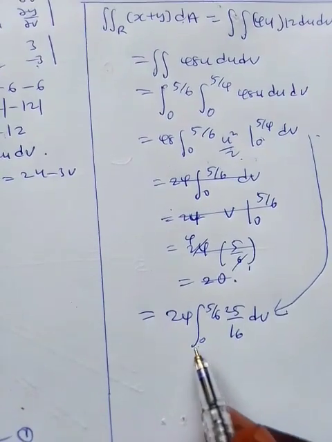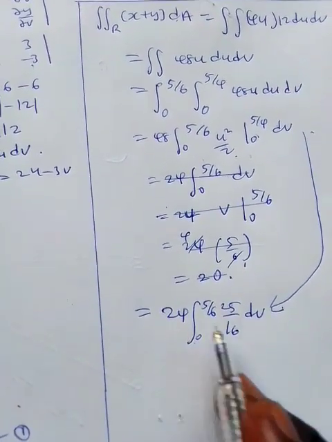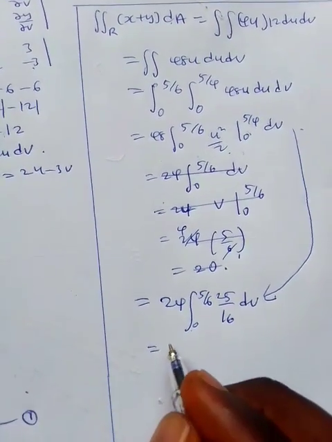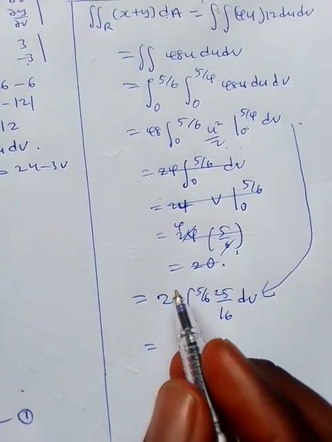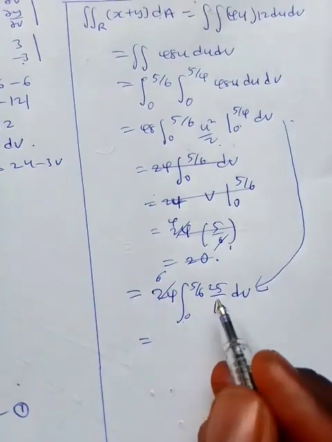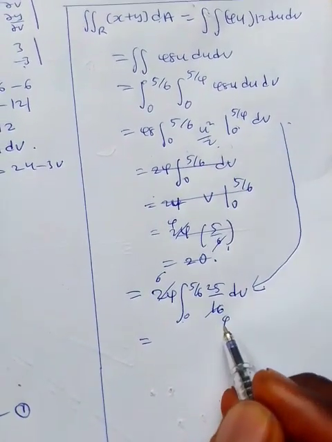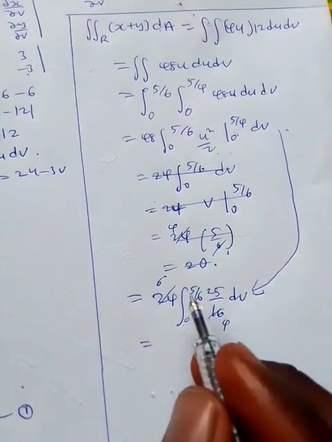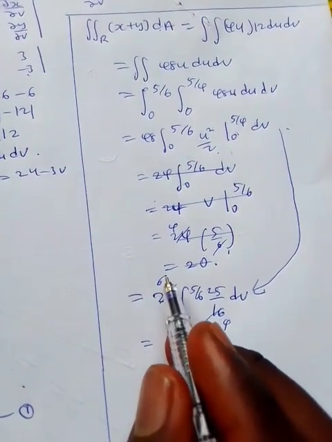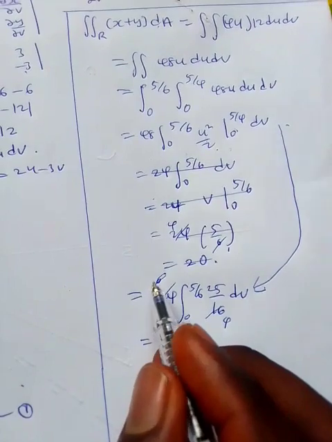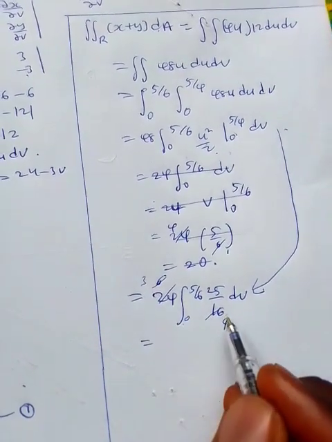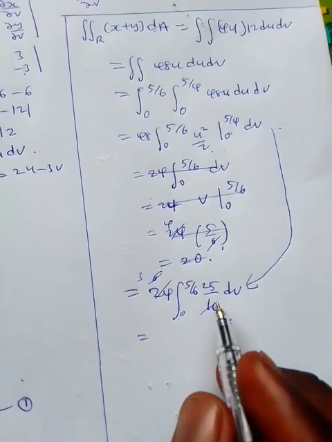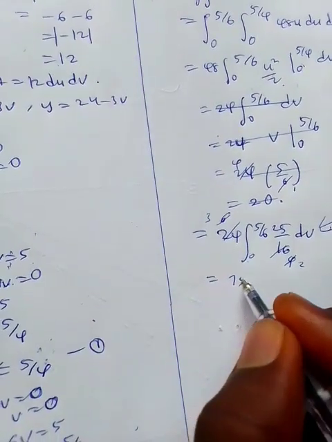So we have 25 over 16 and 24. We can take that out. Actually 4 goes into 24, that's 6, and 4 also goes into 16, that's 4. And 2 goes there too. That's 3. We have 2 here also. So 3 times 25, that's 75.